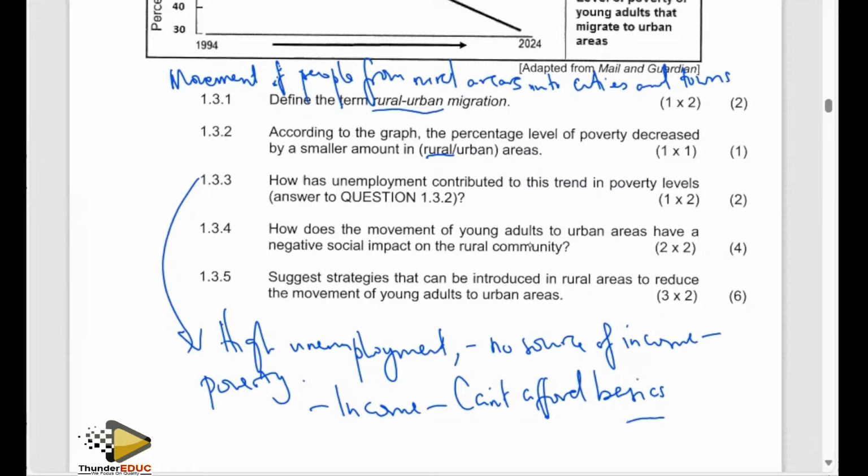Right, then we'll go on to the next question. Next question is saying, how does the movement of young adults to urban areas have a negative social impact on rural community? Right, the question here is specific. It wants social impacts.